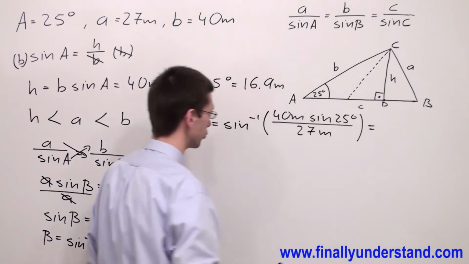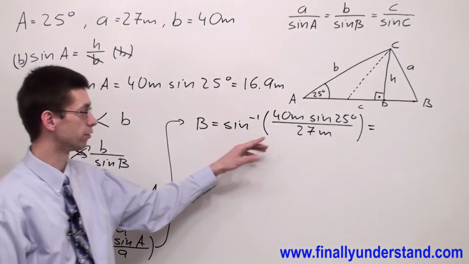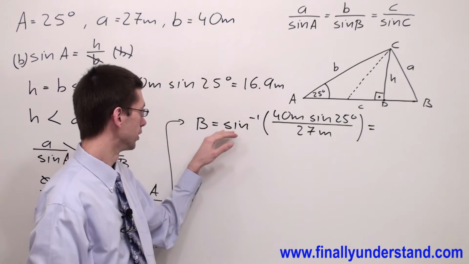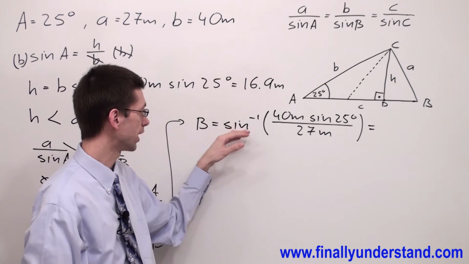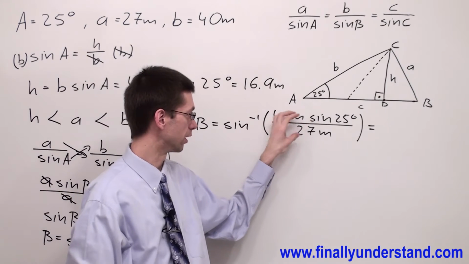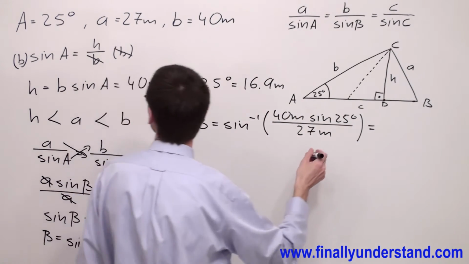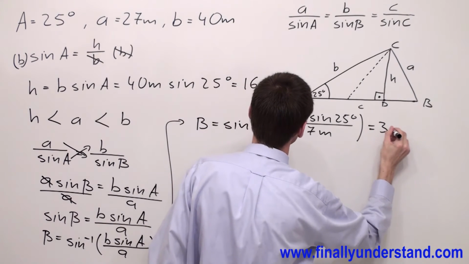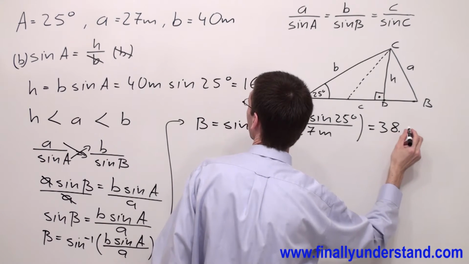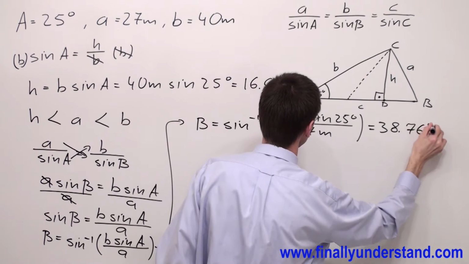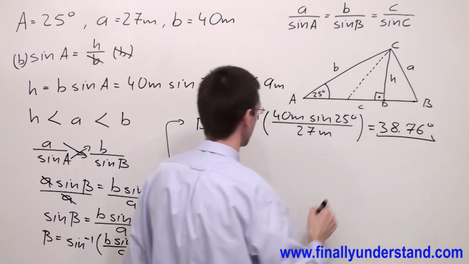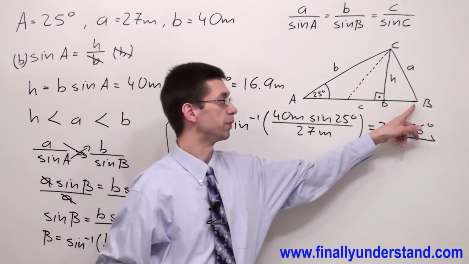Okay, again, we're supposed to use the calculator and do everything in one shot. I mean, enter inverse sine, open parenthesis, and this fraction, close parenthesis. You're supposed to get the answer 38.76 degrees. And this is my angle B.